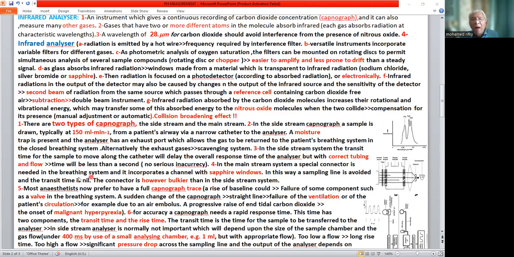In the mainstream, we have a special connector at the patient connecting system, the Y piece, to the analyzer. In other words, the analyzer is present there, and this is why it's bulky and heavy, but it immediately absorbs CO2 and creates the figure. Of course, it has a sapphire window also, so we are avoiding what we call the transit time.